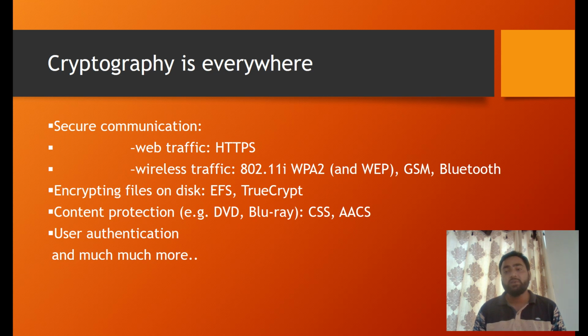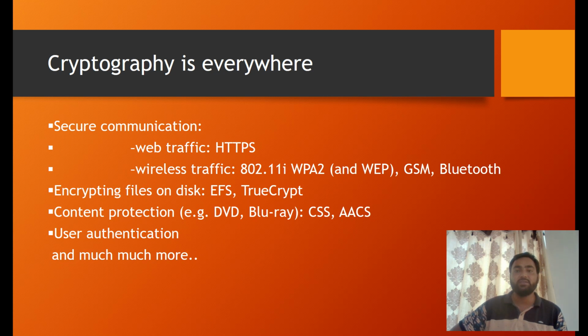If we talk about cryptography and its applications, it is used almost everywhere. For example, in secure communication, web traffic, that is HTTPS, Hypertext Transfer Protocol Secure, where the security is basically the various certificates and algorithms used for protection of the data during transmission.